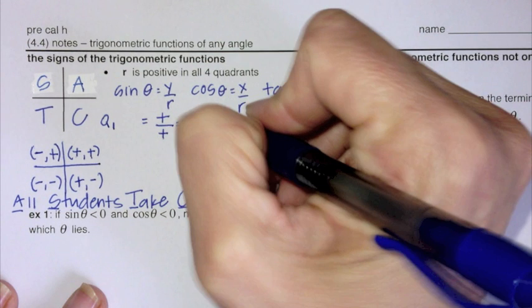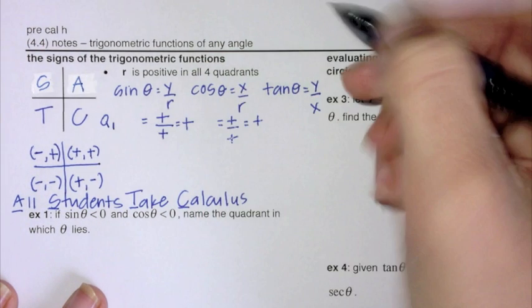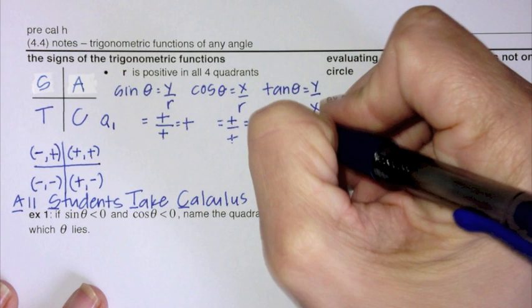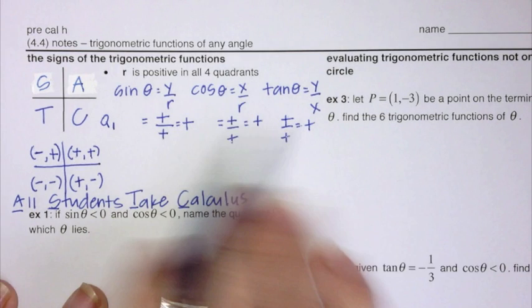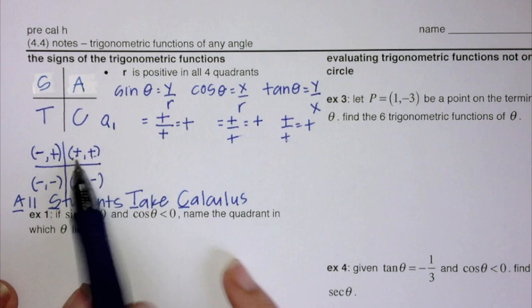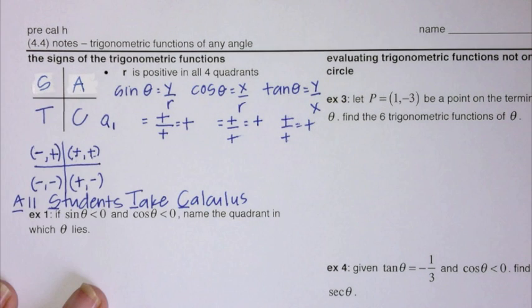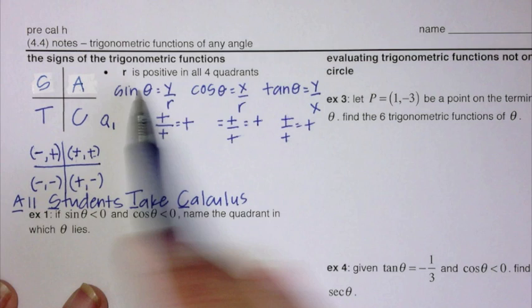I will get a positive divided by a positive, which is a positive, and then over here I'm going to get a positive divided by a positive, which is a positive. So all three of these ratios, no matter what numbers I'm using, because in quadrant 1 x and y are both positive, all trig functions are positive in quadrant 1. And this works for the reciprocals of these as well.